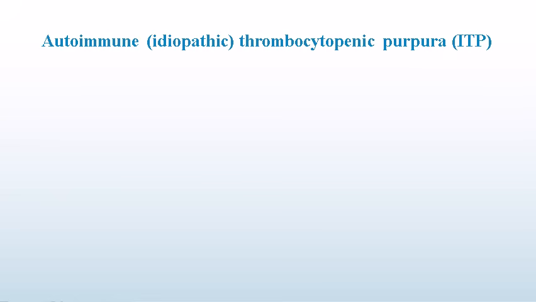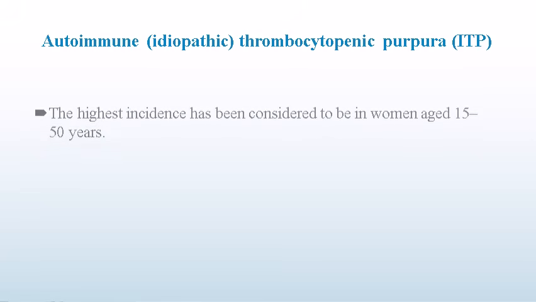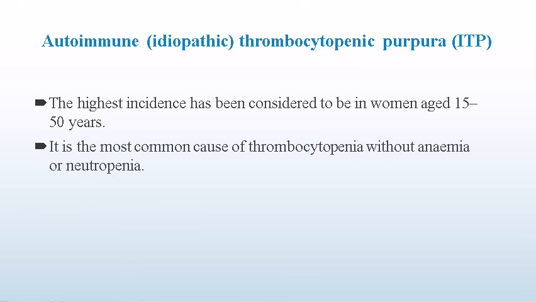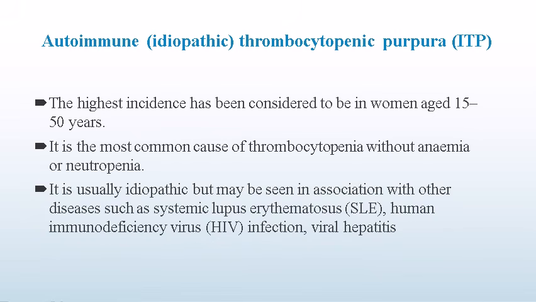ITP usually presents in young and middle age, is more common in females, and usually has an isolated blood abnormality, that is to say, thrombocytopenia without anemia or reduced white blood cell count, neutropenia.